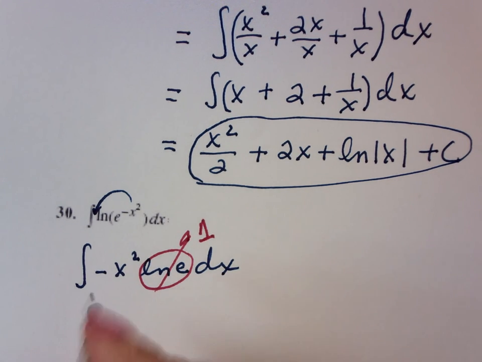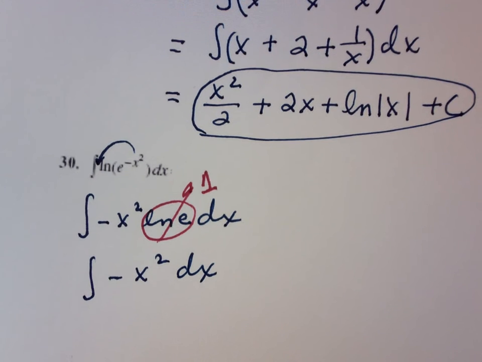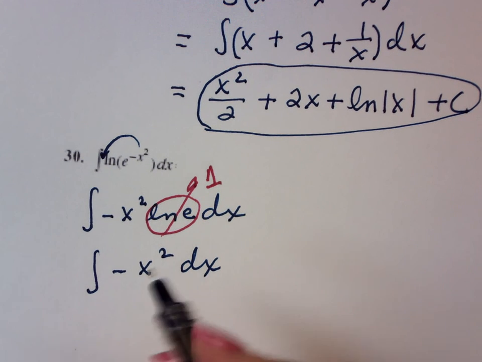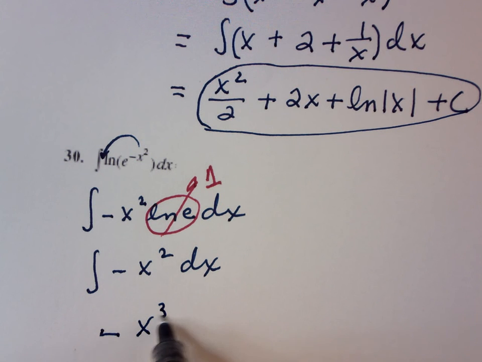So this turns into the integral of minus x squared dx. Is that a basic? Yes. And what is it? That's x cubed over 3. What are you missing? The minus: minus x cubed over 3 plus c.